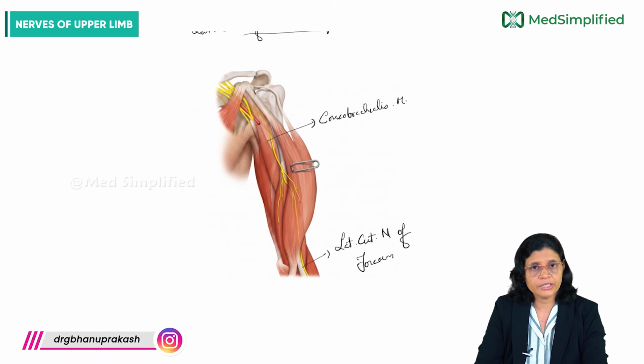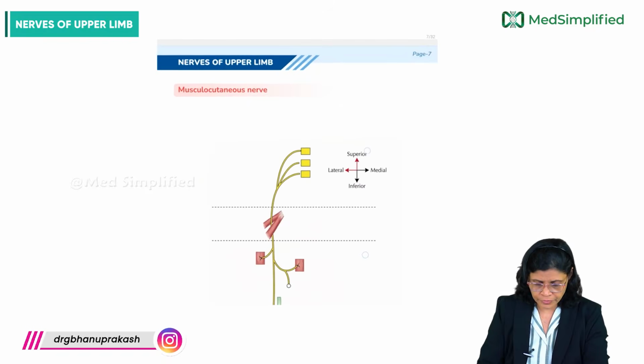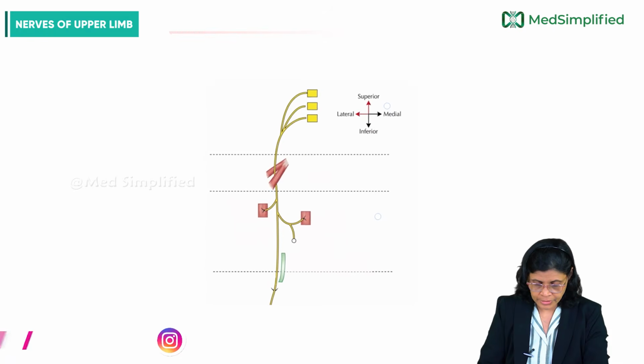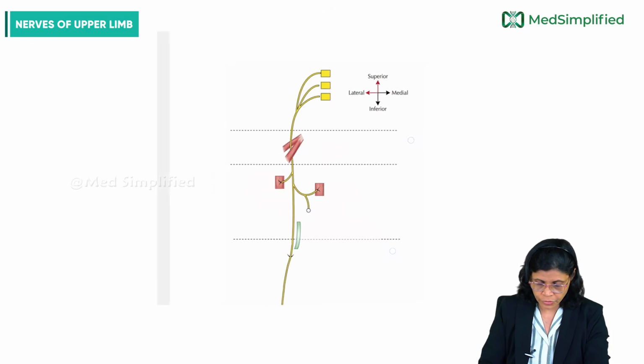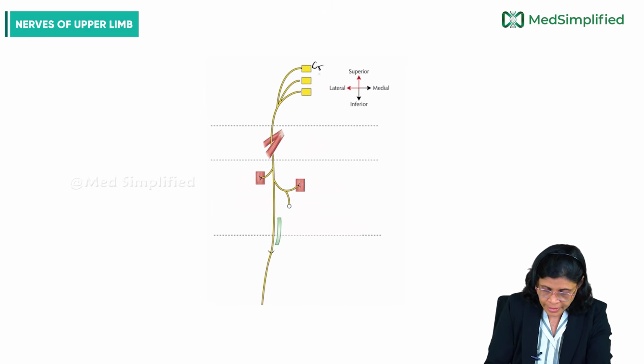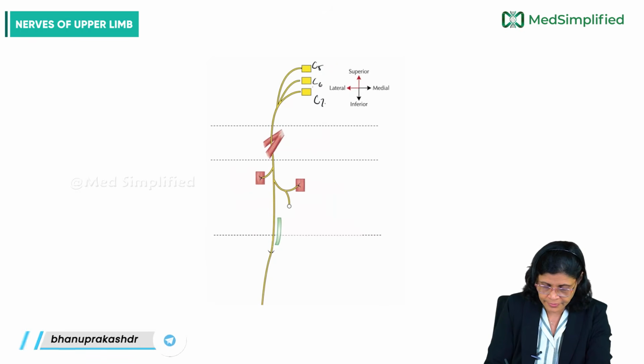Musculocutaneous nerve injuries are rare. Here, this is the musculocutaneous nerve, and the root value is C5, C6 and C7.